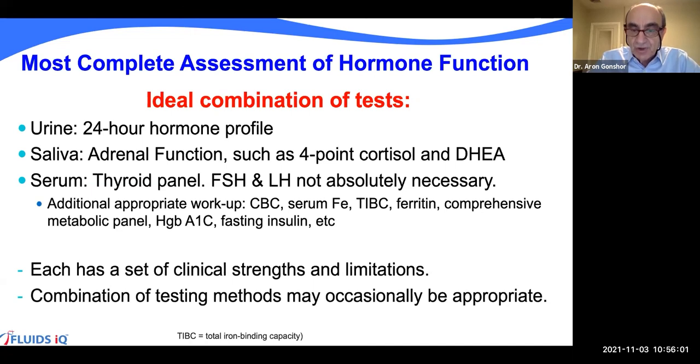If that's what you're doing, if you're in hormone replacement therapy, if that's what your practice is all about, then yes, you would want to look at a 24-hour hormone profile. I would say to those who are doing it, I would be a little bit concerned if you were doing it strictly with dried urine. You should be using 24-hour.